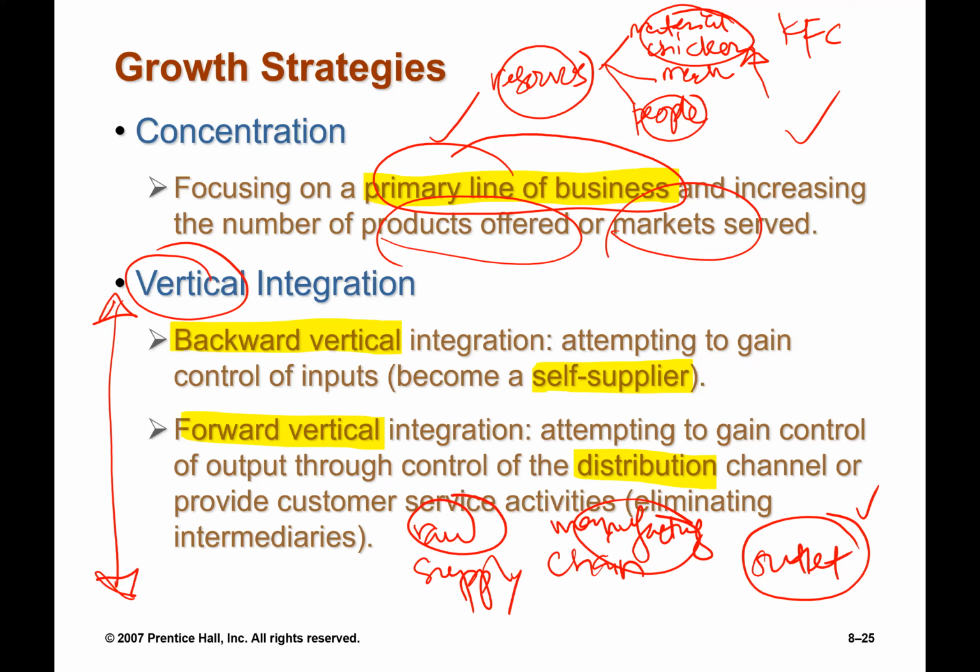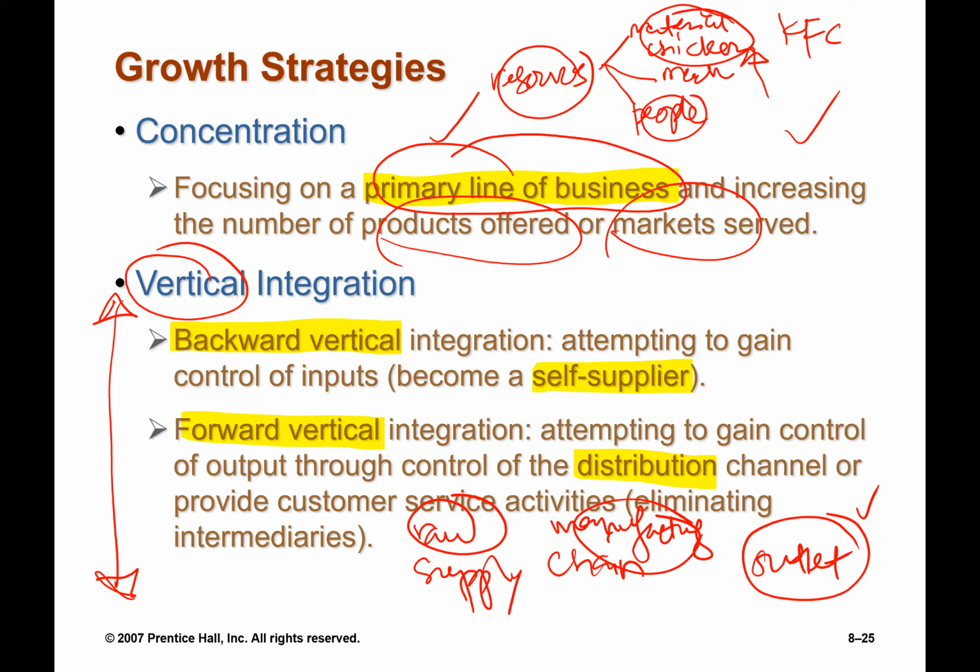If you get from the supplier, you never know. Maybe this year the price is okay, and then the other competitor is trying to bargain. Maybe the supplier will get a better price. They will not sell to you at a lower price anymore. Then you get stuck. That is the concept of vertical integration.